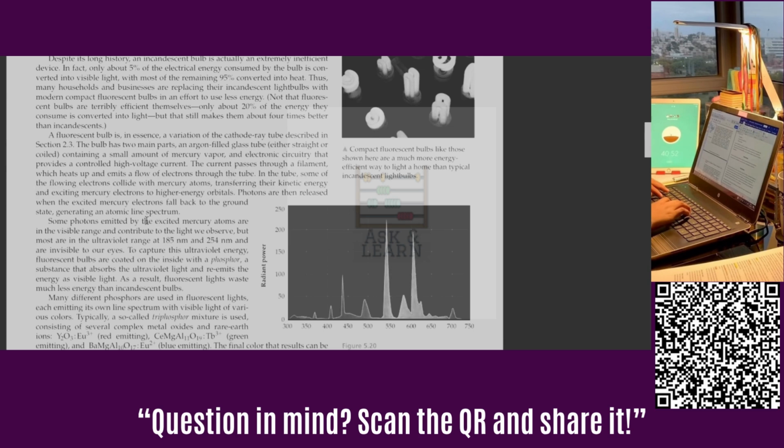It says photons are emitted in two different regions, one in the visible range, but most of them in the ultraviolet range, which we cannot see. To make it visible, they coat the inside of the fluorescent bulb so that it absorbs some of the light, so that we can see the slightly lower energy level, which is visible light. So that's a fluorescent light bulb.